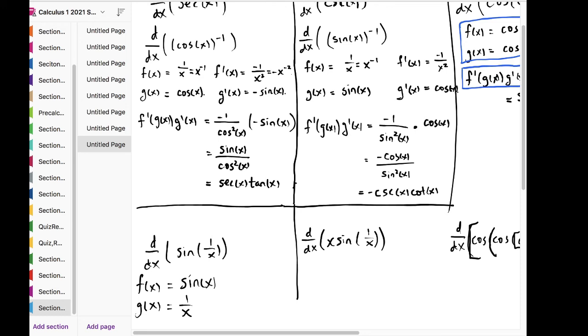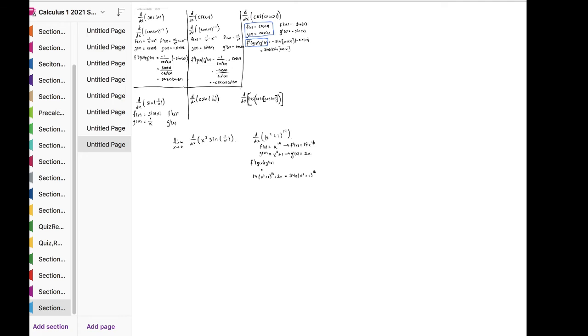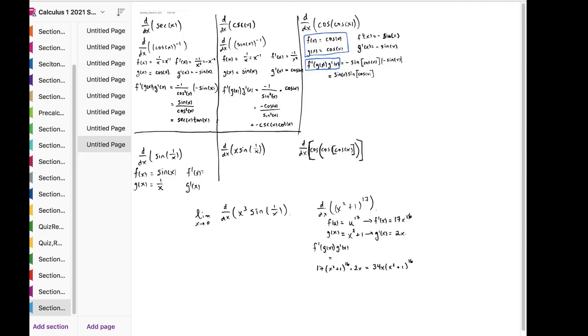It's a nice example that composition is not swappable. Sine of 1 over x is different than cosecant. It's very important that you get f and g right. F of g is not equal to g of f.